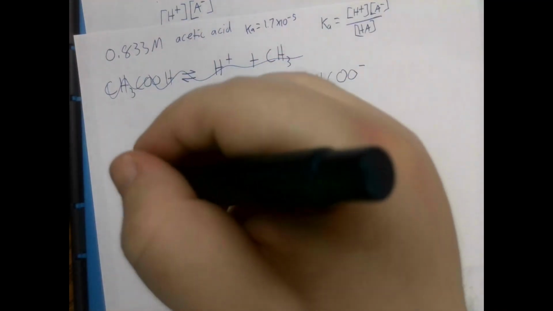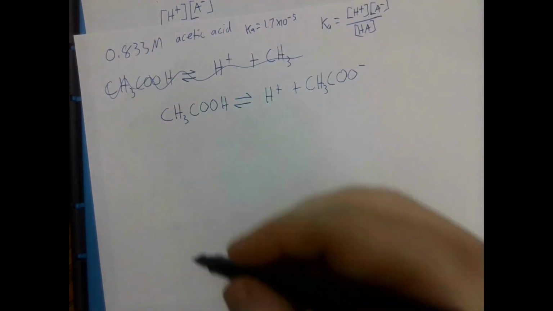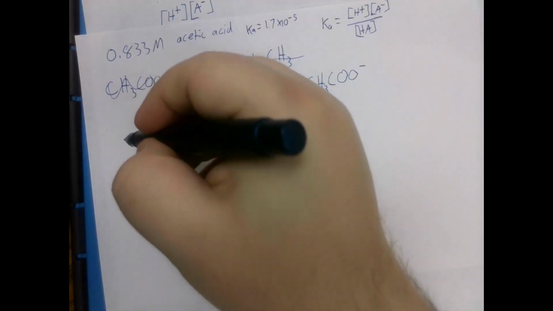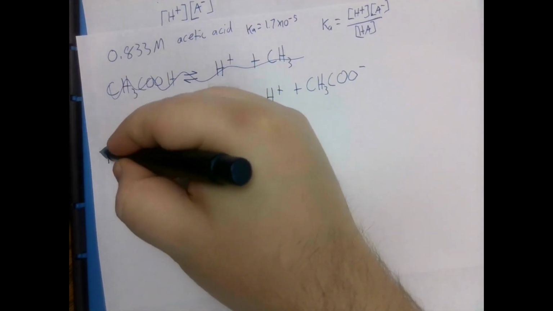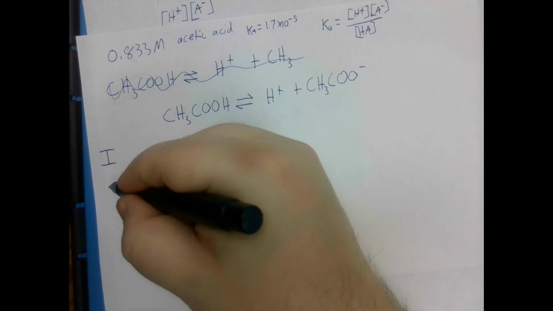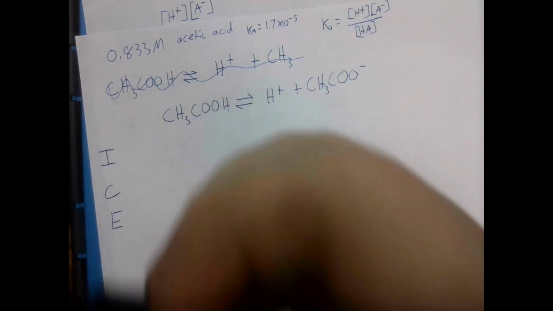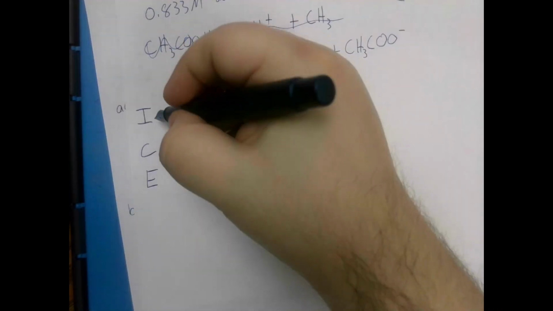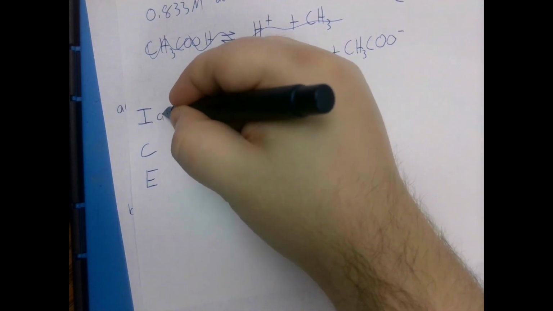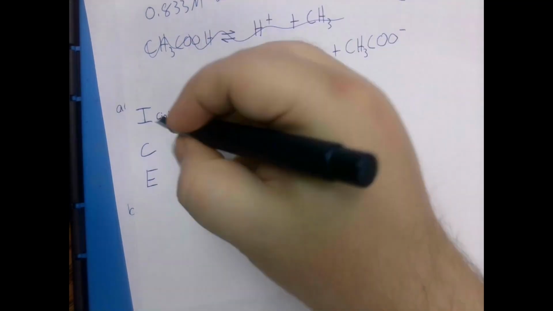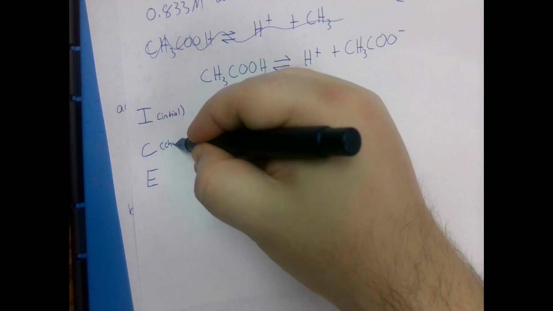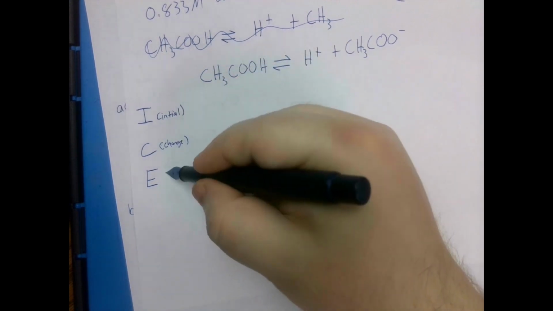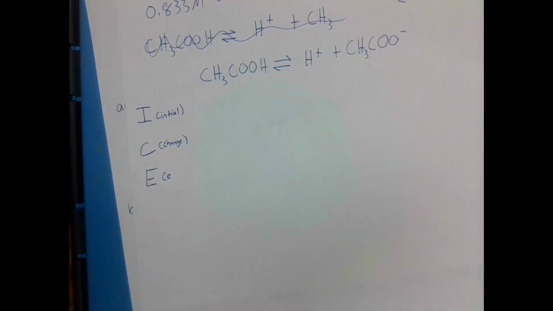So I'm going to teach the ICE method. I stands for initial. C stands for change. And E stands for equilibrium.